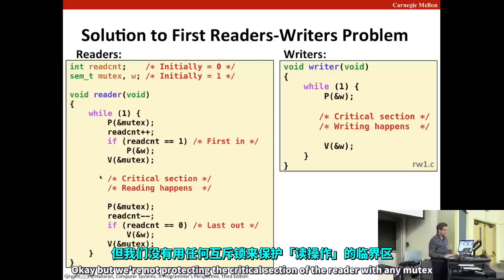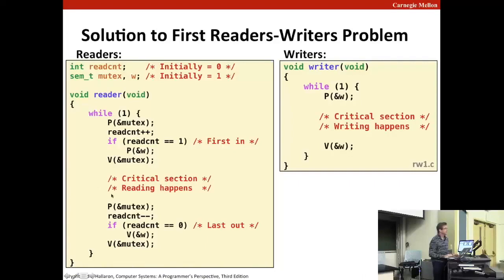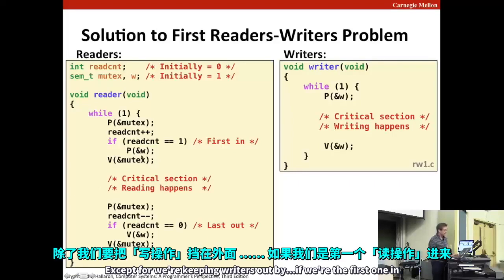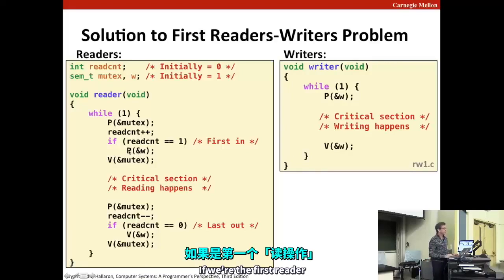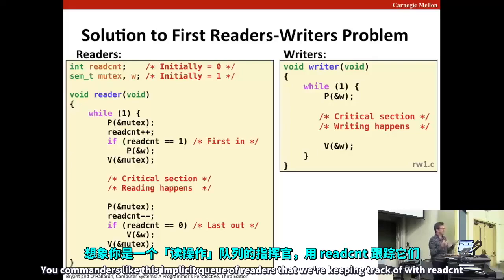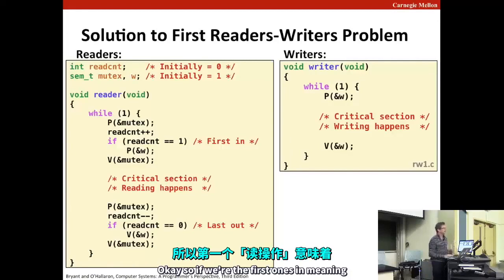We're not protecting the critical section of the reader with any mutex, except that we keep writers out if we're the first reader. You can imagine there's an implicit queue of readers that we're keeping track of with read count.